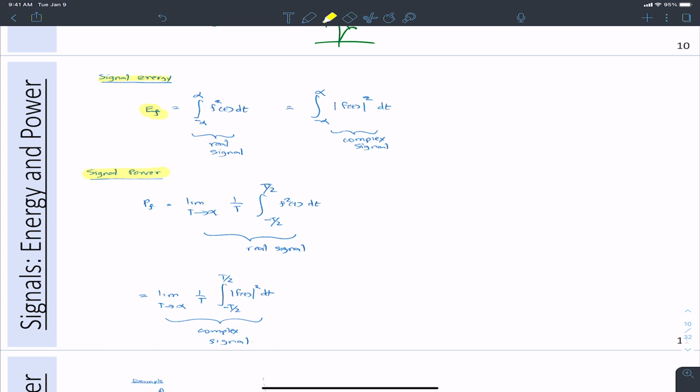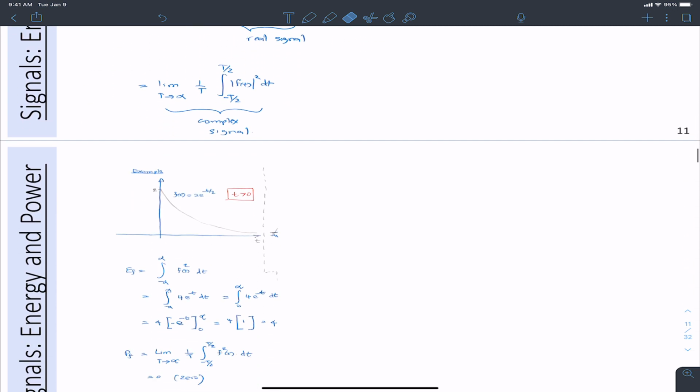So what is T here? T is the periodic time. Well, sorry, it is not really periodic time, that is a short definition. But we will do an example. It will make more sense in the example.